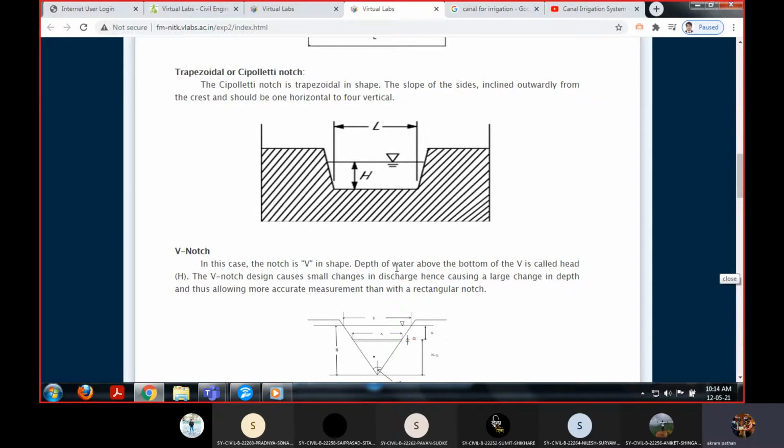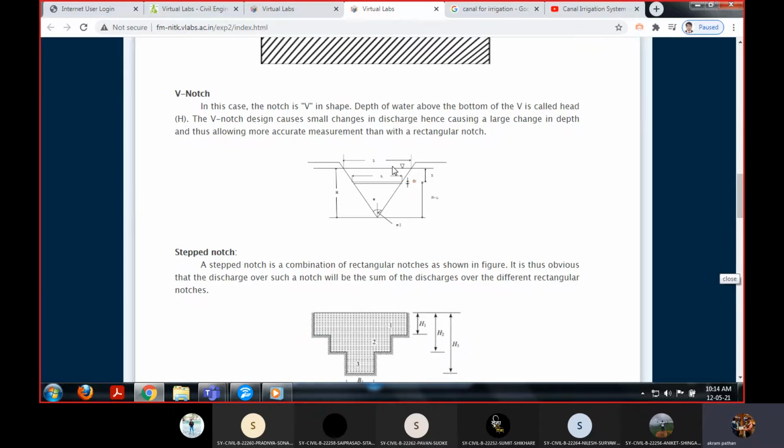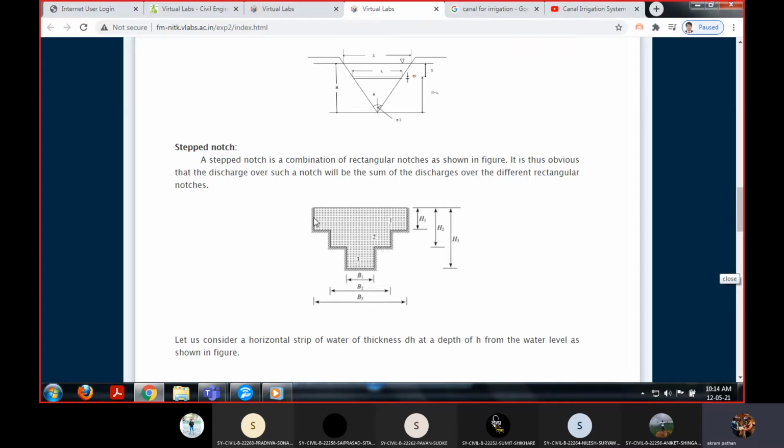Then we have a triangular notch also. This is the shape of the triangular notch. This is theta, the angle of the triangular notch. This is the sill level, and we have to record the head above the sill level, that is capital H. Then we have the step notch.